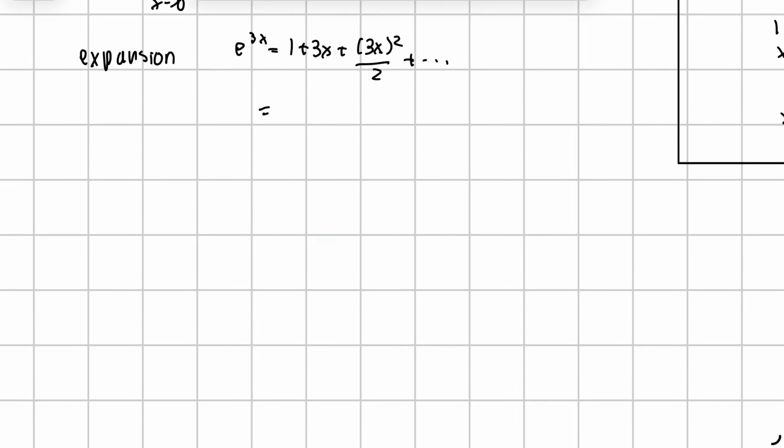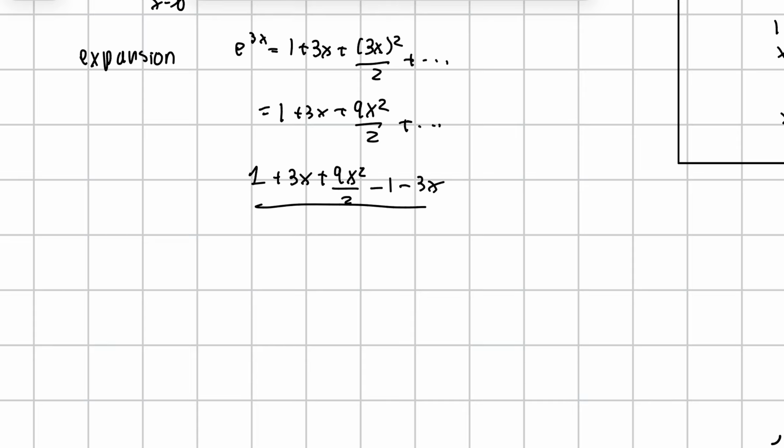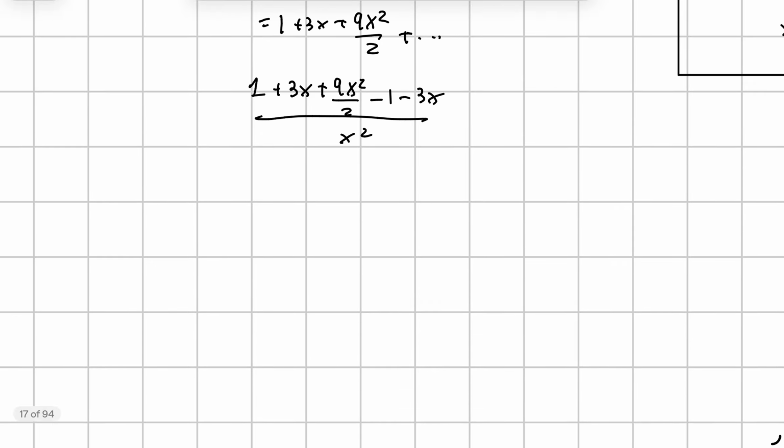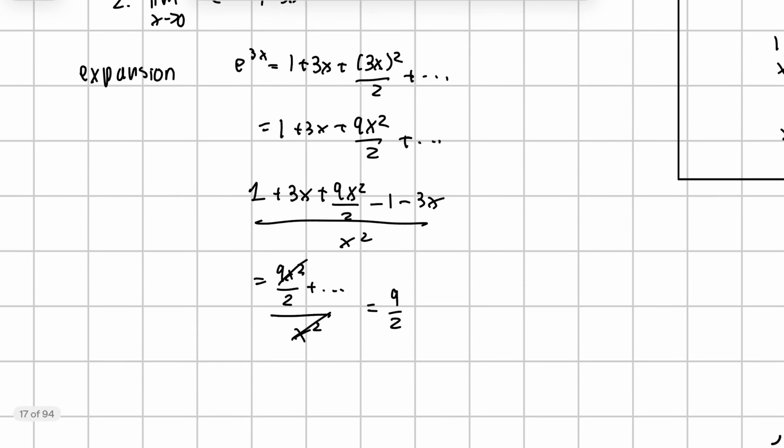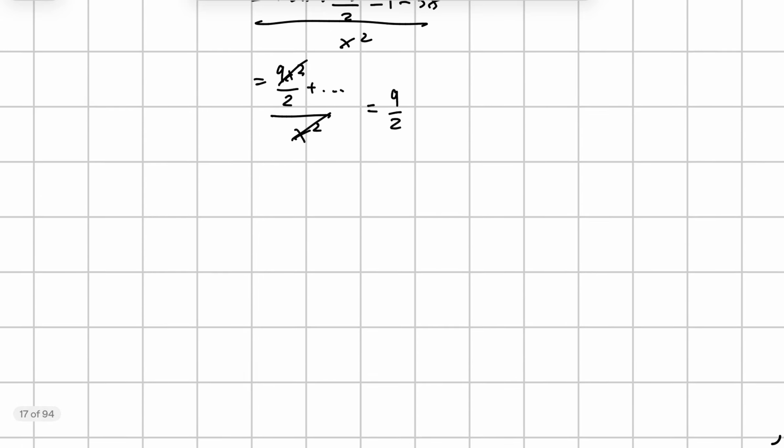And that's the same thing as 1 plus 3x plus 9x squared over 2, plus continuing on. So we have 1 plus 3x plus 9x squared over 2 minus 1 minus 3x, all over x squared. So this is equal to 9x squared divided by 2 plus continuing, over x squared. So that x squared is canceling out, and we just get 9 over 2. So constant and linear terms cancel, so x squared is going to control our limit.